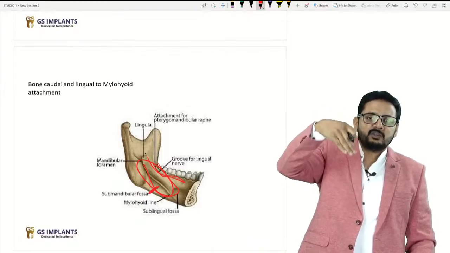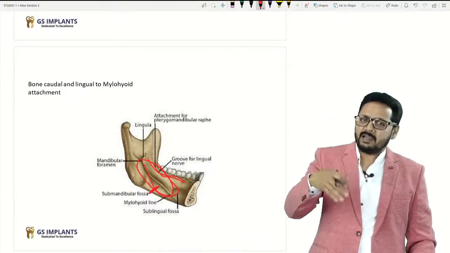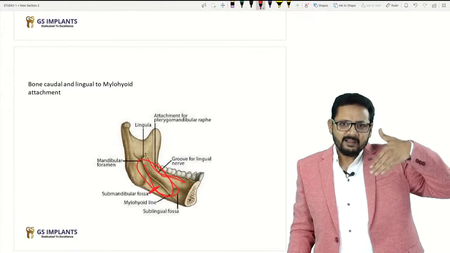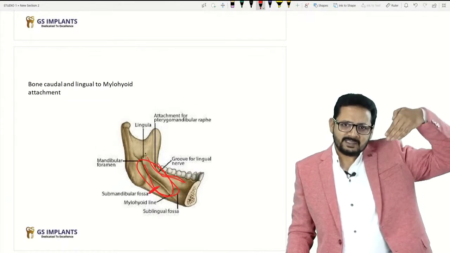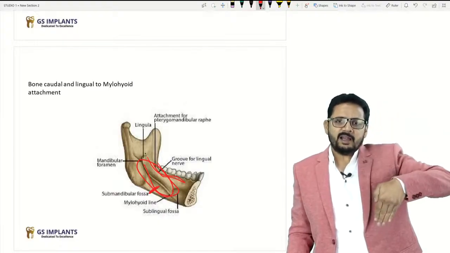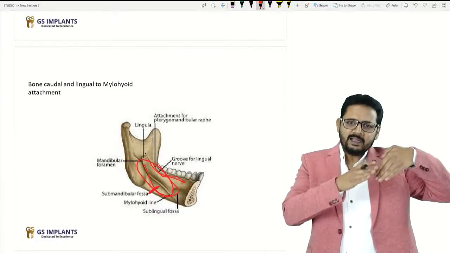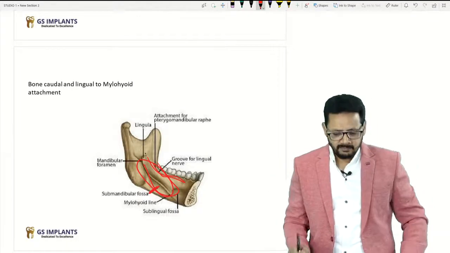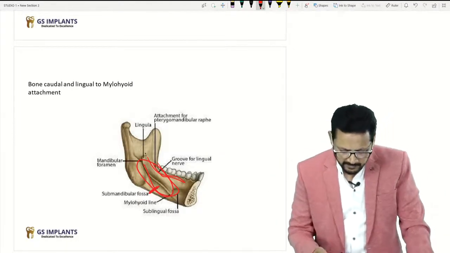The chances that you might damage the lingual nerve increase. So your angulation should be in such a way that your drill is passing below the mylohyoid ridge on the lingual side and the external oblique ridge on the buccal aspect. Is that clear? Alright.